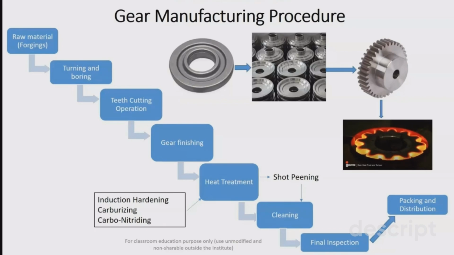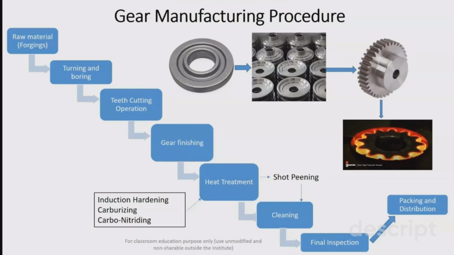Finally, at the final inspection stage, you have a rigorous type of checking called gear metrology. We will also discuss the inspection of gears in our metrology subject. And finally, at packing and distribution, you have the responsibility to pack all the gear components closely into sealed tight bags, so they are distributed into the market without any damage.